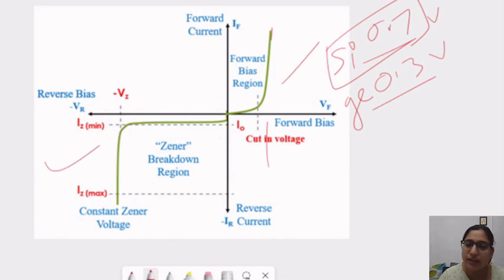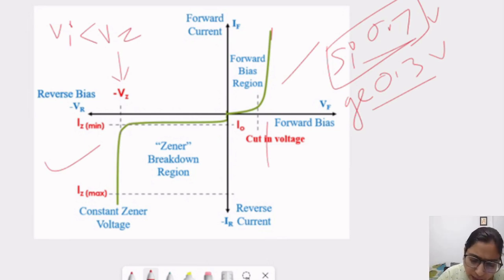Now this is our Zener region, the Zener breakdown region. So what is happening? Let's suppose Vi, the input voltage, which is varying in nature, is smaller than Vz. Vz is nothing but the reverse breakdown voltage, which is the rating for the Zener diode. Now if Vi is smaller than Vz, we receive Iz minimum.